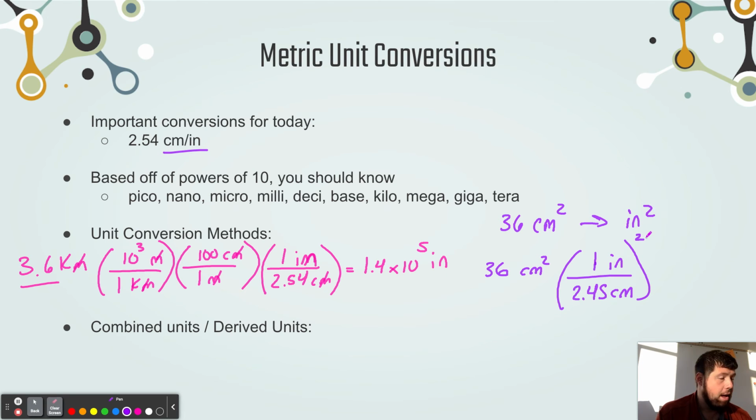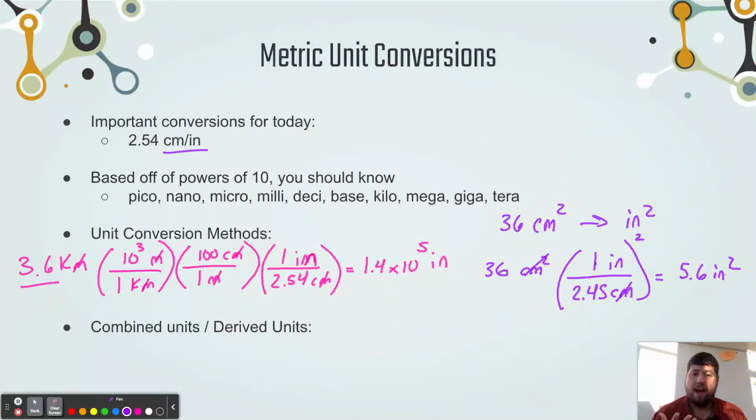So just put a square there, and that tells me, yeah, I'm going to square this conversion factor, and that's going to take care of my units and get me to square inches. So it'd be 36 divided by 2.54 squared, and I end up getting 5.6 square inches.